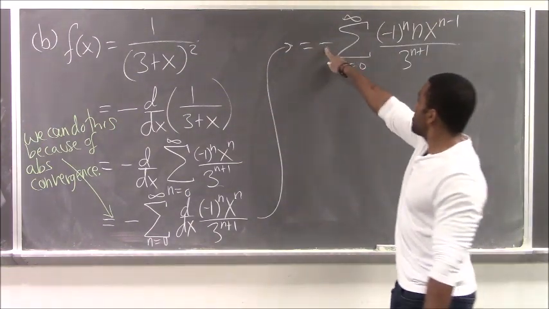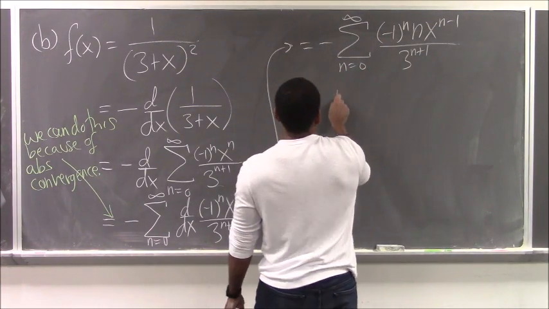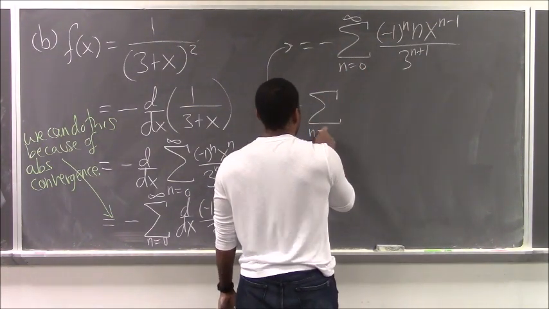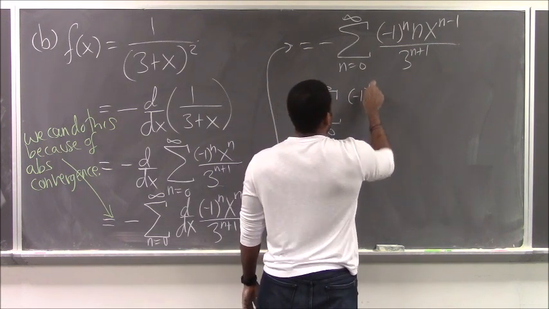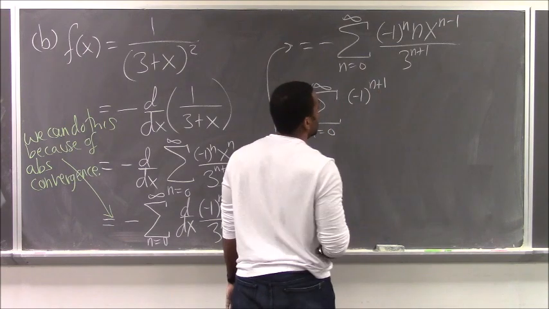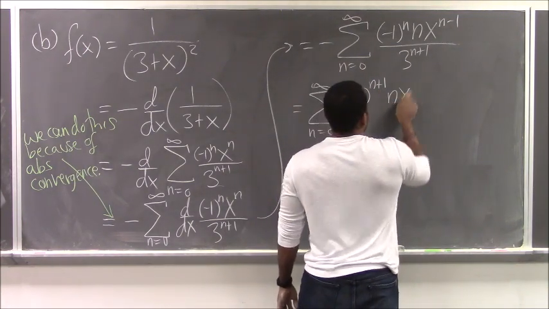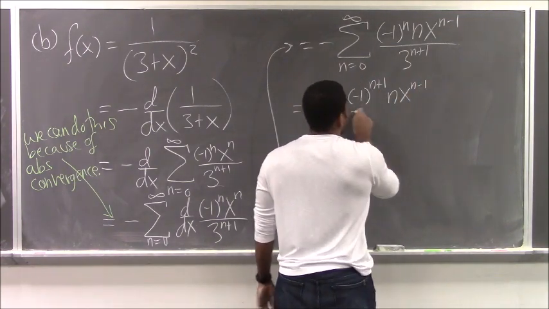And I can bring this minus 1 inside. And so that would become minus 1 to the n plus 1 times n x to the n minus 1.